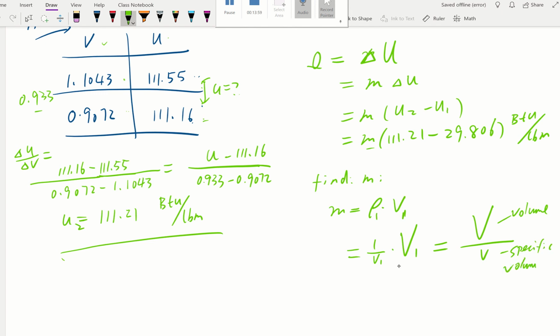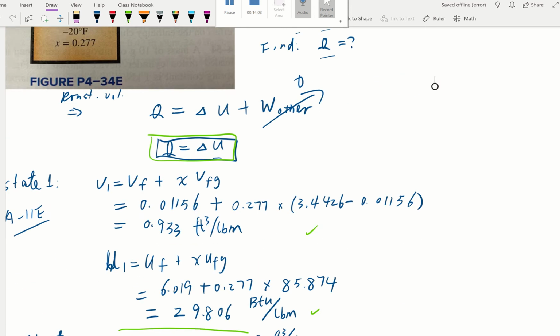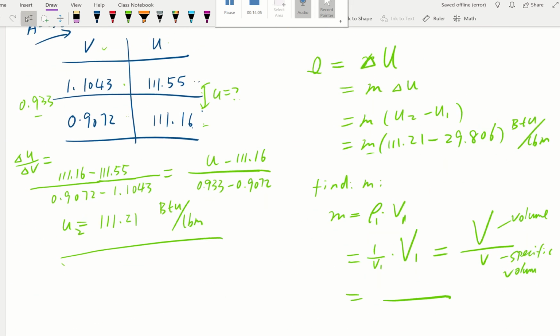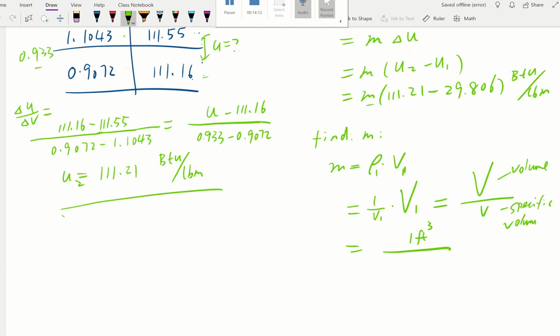Now let's take a look. For state 1, do we know the big volume? We do, because it's a rigid tank. It's 1 cubic feet. And in state 1, our specific volume we calculated is 0.933. So regardless if you are using state 1 or state 2, you're going to have the same volume and same specific volume.